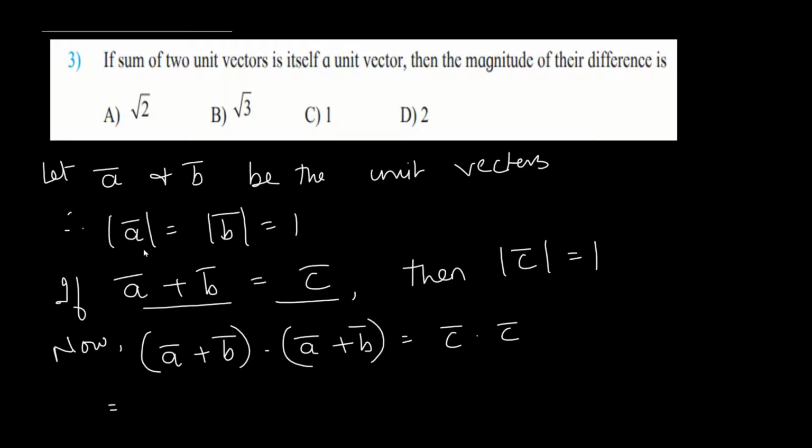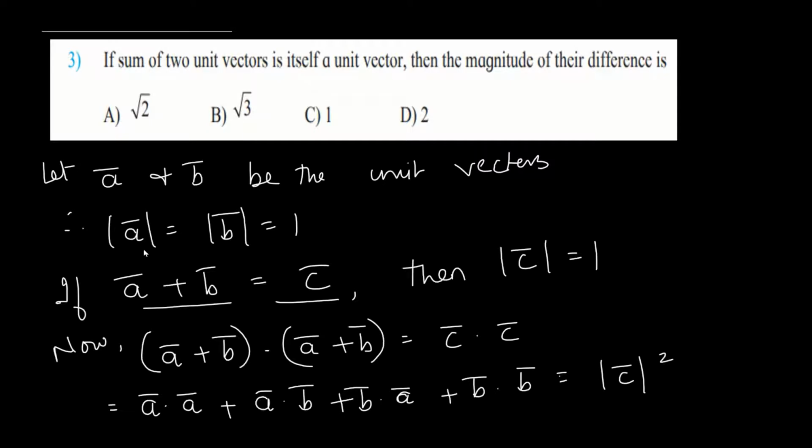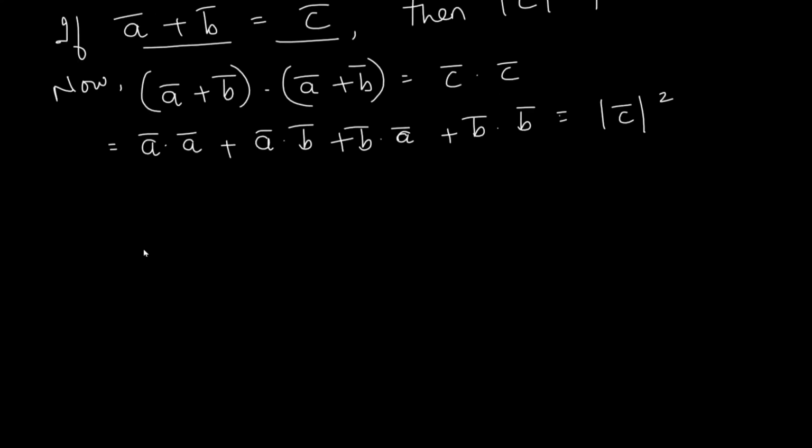Then A plus B dot A plus B is A dot A plus A dot B plus B dot A plus B dot B, equal to C dot C, which is mod C square. Then going further, A dot A becomes mod A square plus 2A dot B plus mod B square is equal to mod C square.